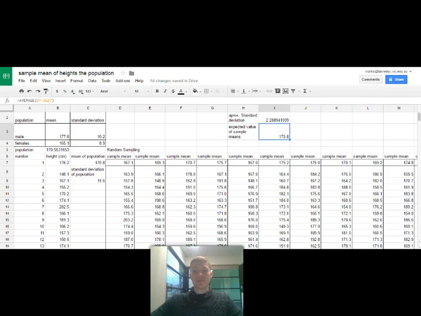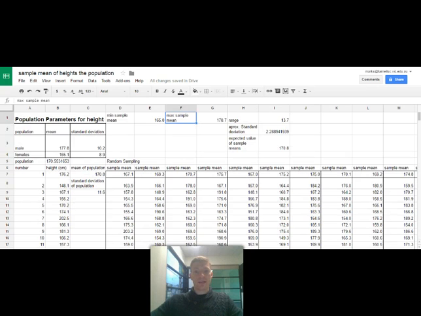The expected value of sample means is the same as the population mean. Interesting. Wonder how the standard deviations relate. The standard deviation of the distribution of sample means compared to the standard deviation of the population. Well, it's certainly less, but how much less remains to be seen.